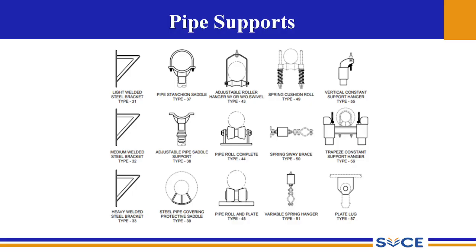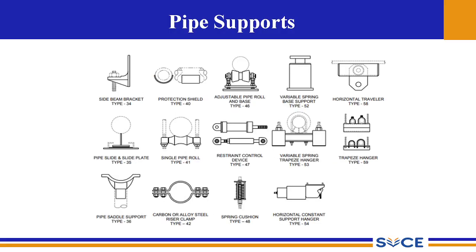Then type 58 is a horizontal traveler. This device permits the structural attachment end of the rod type hangers to accommodate horizontal piping movements in conditions where offsetting of conventional structural attachments is not practical due to limited space constraints.